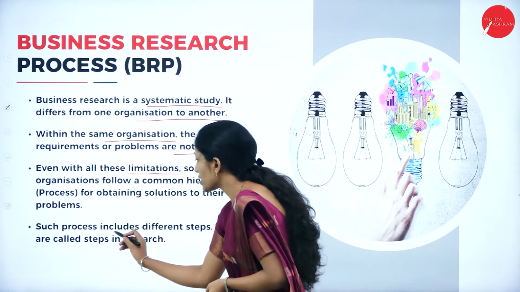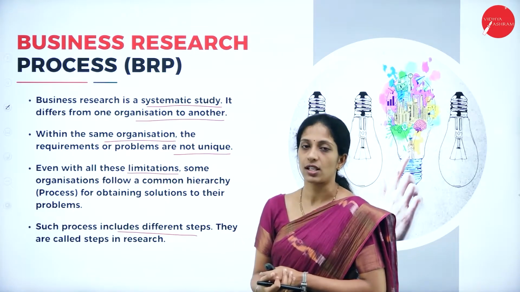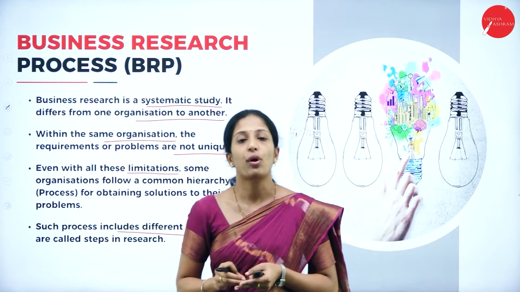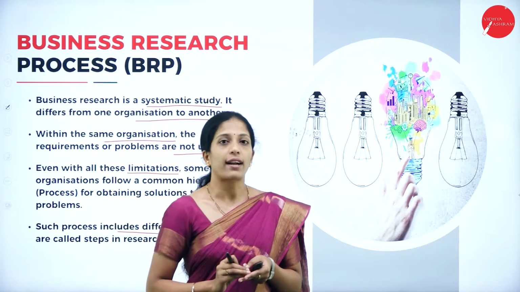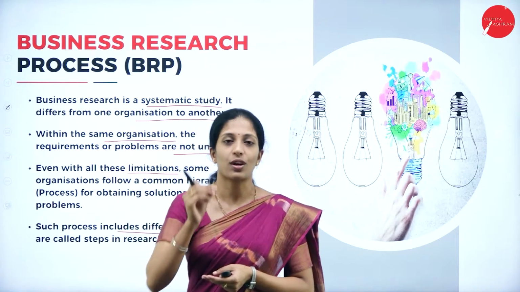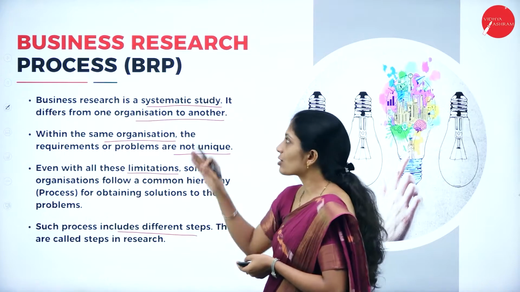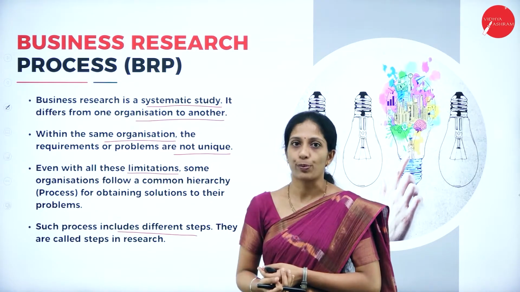Such a process includes different steps. They are called steps in research. Whatever steps we are going to follow in a research activity, that is called what? Business research process. What is the step-by-step procedure that we are going to follow? That is called the business research process.